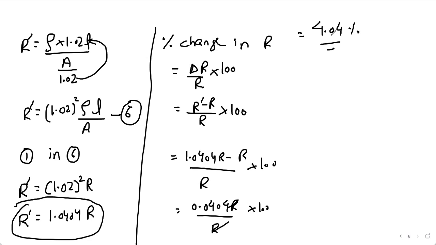This is how we calculate percentage change. Change in quantity divided by initial value multiplied by 100. So if you increase length by 2%, then resistance will change by 4%. There's one shortcut method also to do this thing.